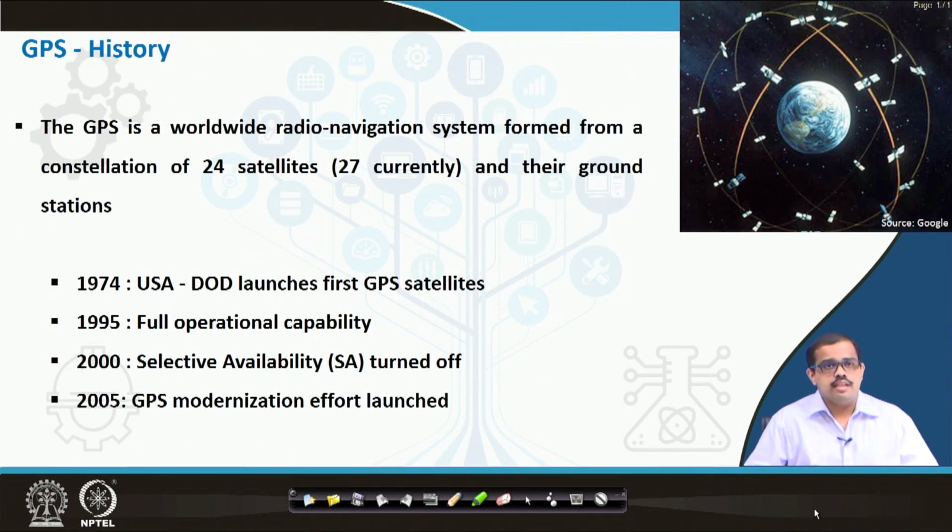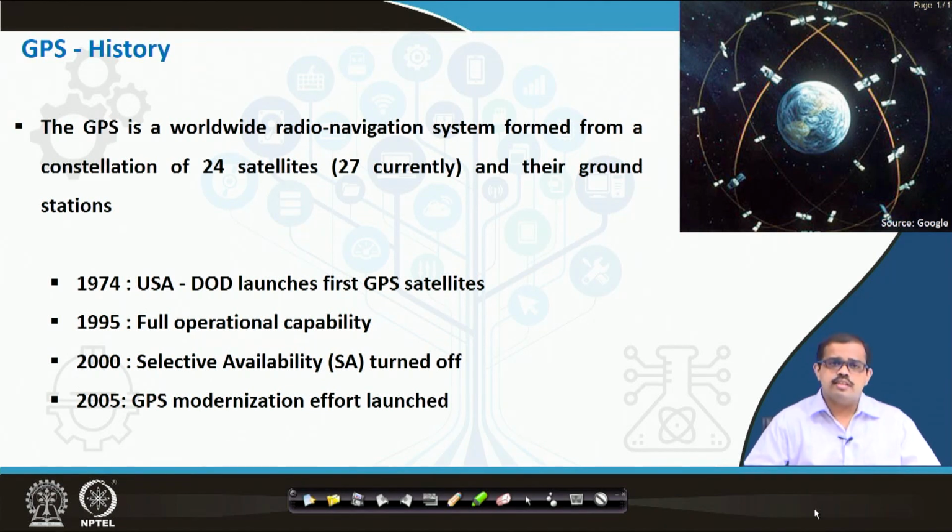The first thing that we have to understand is we have 24 satellites which are dedicated to the GPS signals. Every part of the earth should at least have 4 satellites visible, so that you have a good GPS signal, or whatever measurements you are trying to do is perfect.